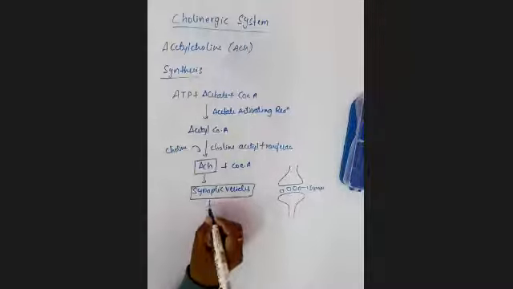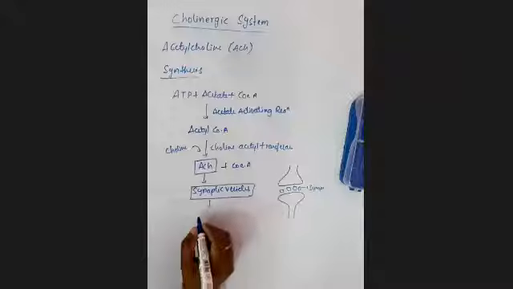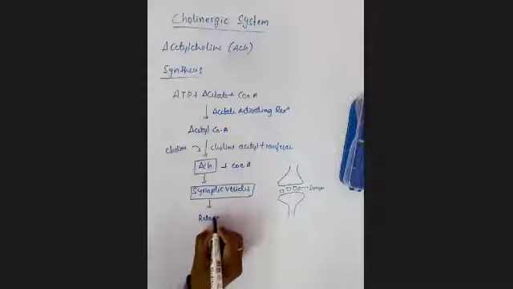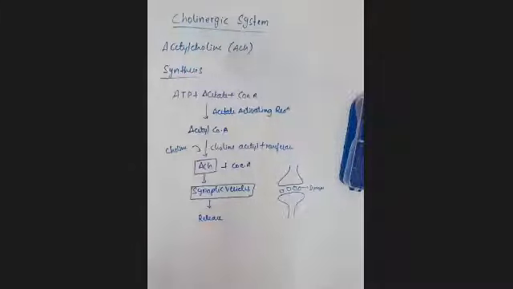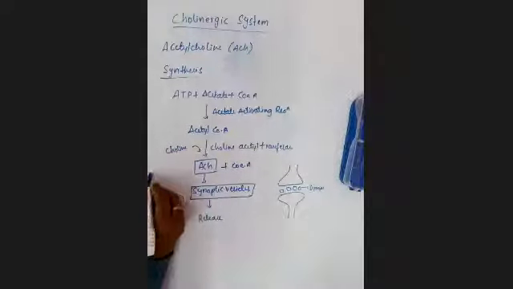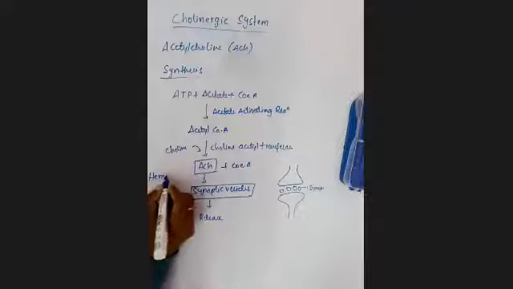Whenever there is any requirement of acetylcholine, it is immediately released. Generally, some drugs can block the actions here. Suppose one drug, you will call it hemicolinium.